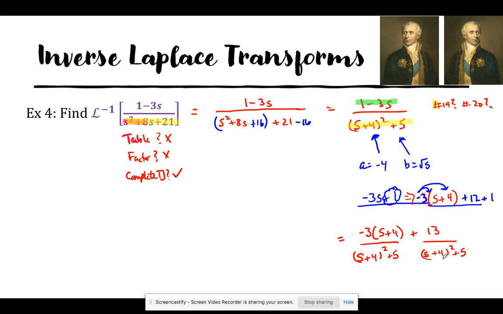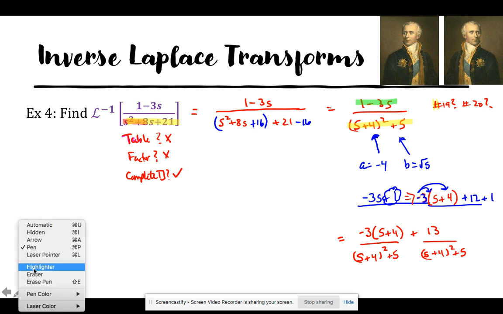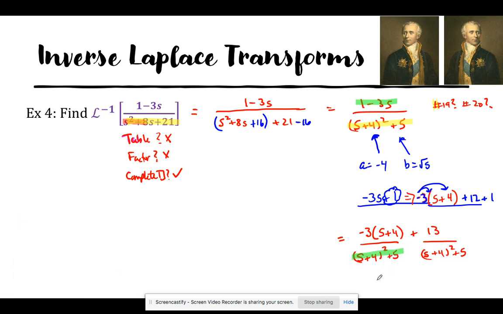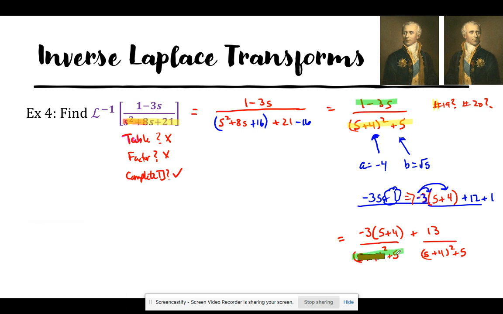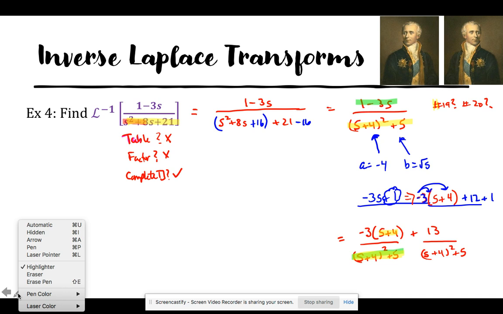Oh, snap. Now, how has that helped? Has that helped? Who does that look like? Go to your table. Who does that look like? With what in the numerator? Oh, that -3. Oh, hey, snap, watch.